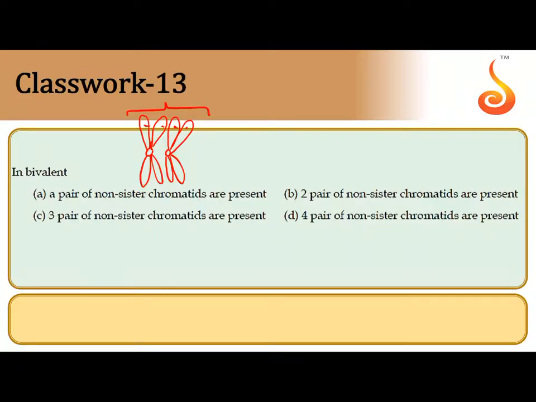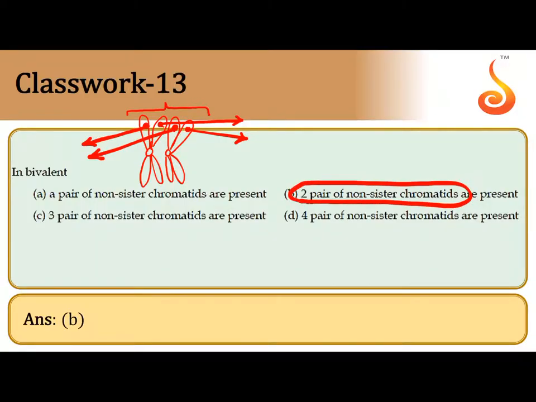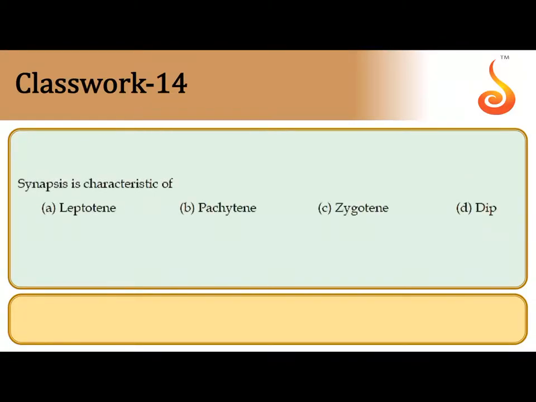These two are sisters, but these two are non-sisters, because if you consider one chromatid belonging to this chromosome and one chromatid belonging to this, they are non-sisters. Similarly, this chromatid and this chromatid are non-sisters. So the answer is two pairs of non-sister chromatids. Such a pair is called a homologous pair or a tetrad or a bivalent.